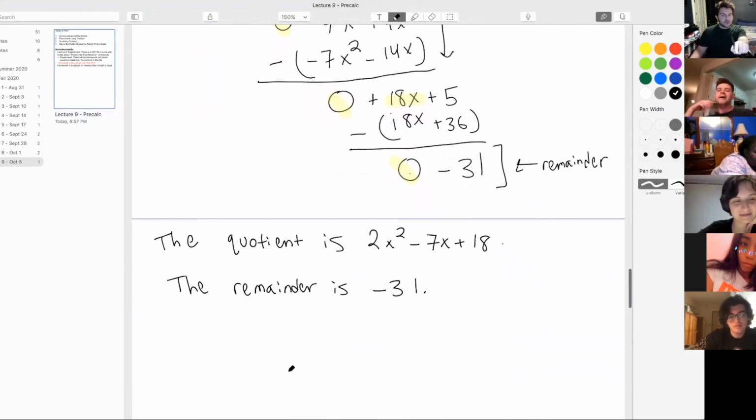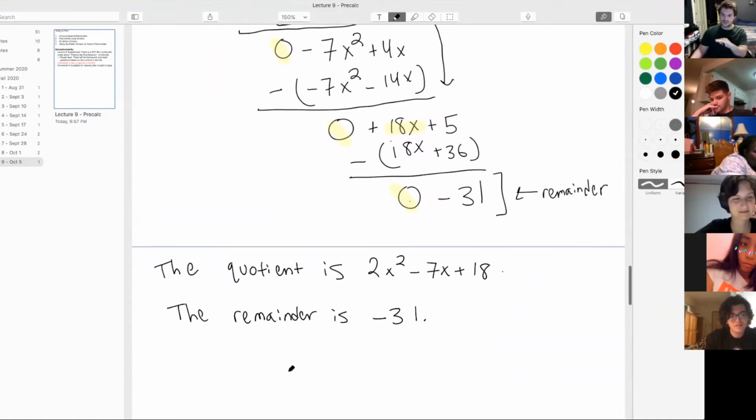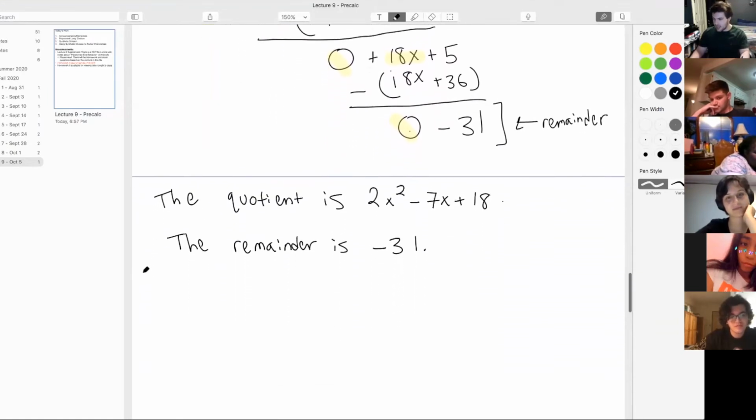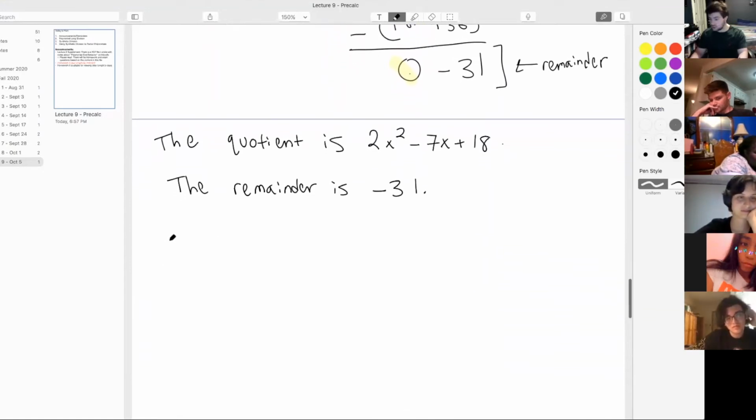So this is how you would write the final answer. Just clearly write your quotient and clearly write the remainder. All right, I would appreciate that. And we can also write it in this format too.